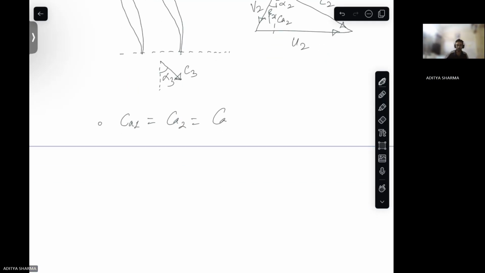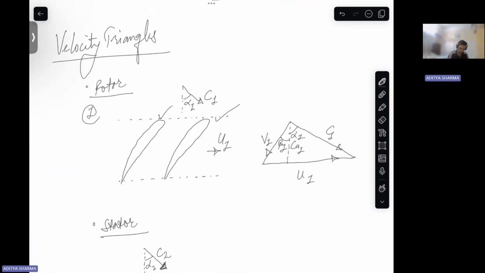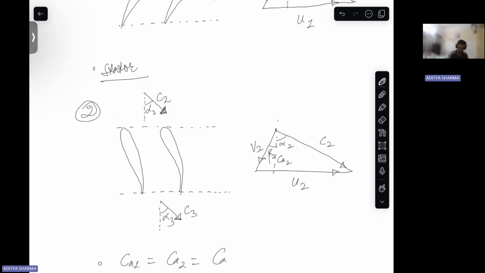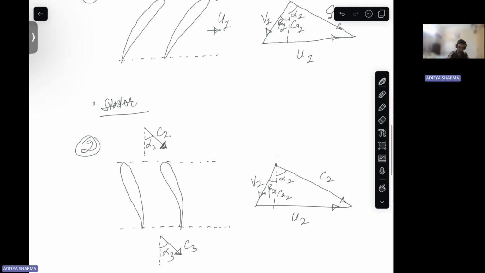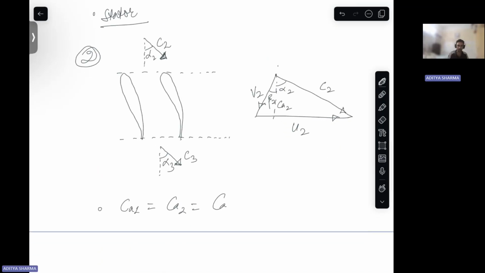So this is it. If we say that this was state one, where the fluid enters the rotor, where it exits the rotor is 2, and then it enters the stator, that is again 2, then it exits at 3.